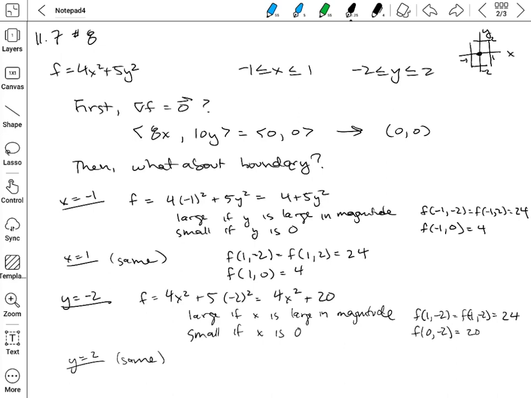And plugging in y equal 2 gets me the same, because the minus 2 squared and 2 squared get you the same value. So we're going to have that f of (1, 2) is equal to f of (-1, 2), which is equal to 24. Same point we found before, just now it's this upper corner. And f of (0, 2) is going to give us 20.